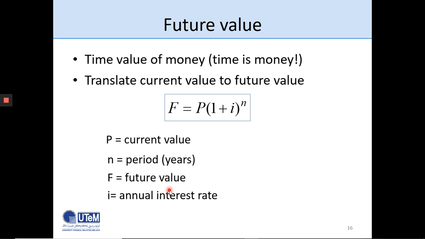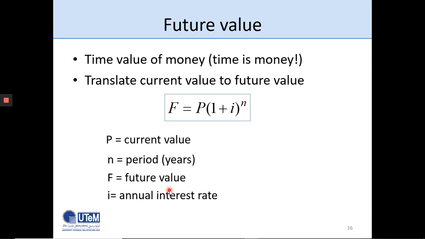Okay, so to evaluate the future value of money, we say time is money, right? And the amount of money that we have now is not equivalent to the amount of money we have in the future. If we have, let's say, 1,000 ringgit now, in 1 year's time, the value of that 1,000 ringgit, if it remains the same amount, the value or the buying power is going to be lower because of inflation. So in order to avoid our buying power reducing, we need to invest, right?